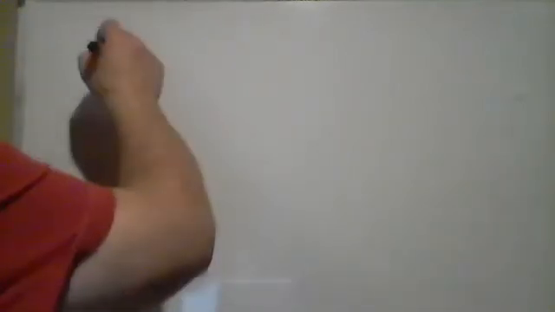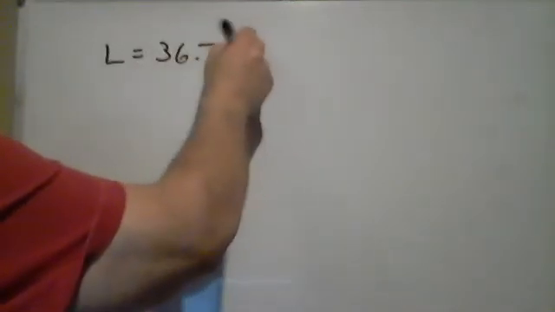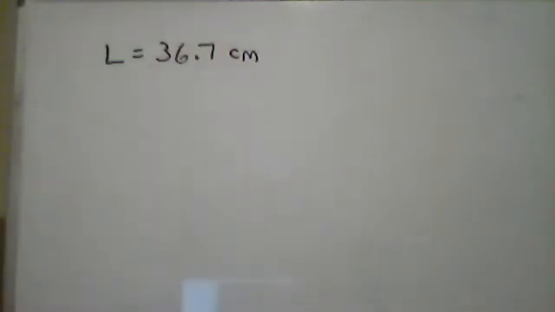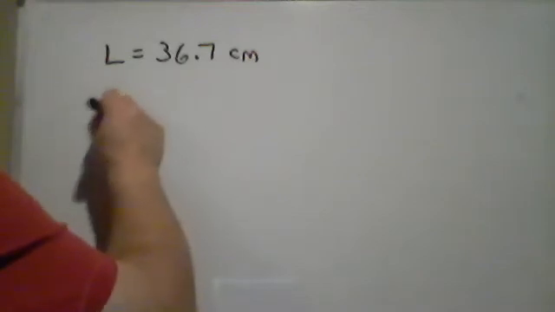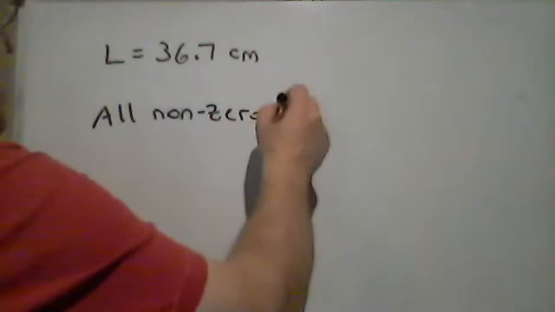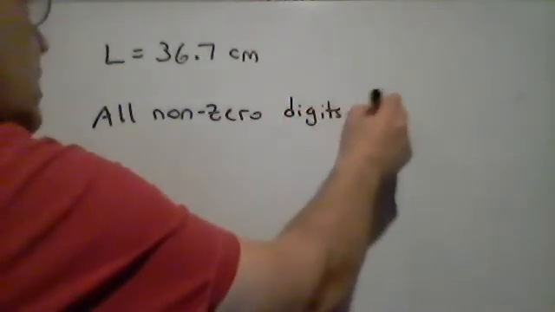So if I were to say that I'm measuring something to 36.7 centimeters, for instance, the rules for significant figures are: if you write down a non-zero digit, you count it. All non-zero digits are significant.